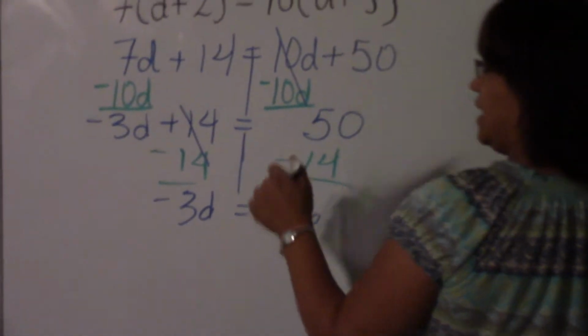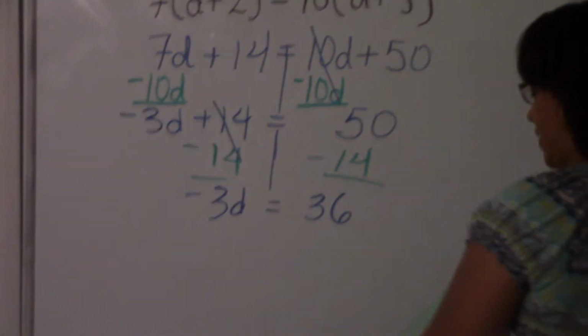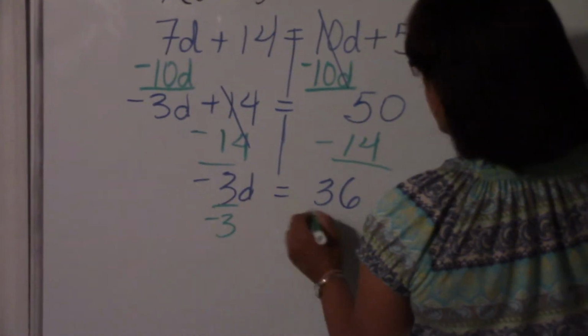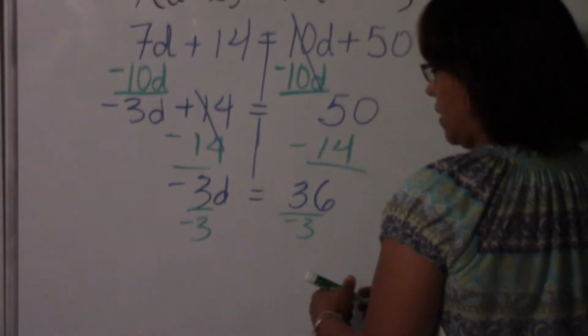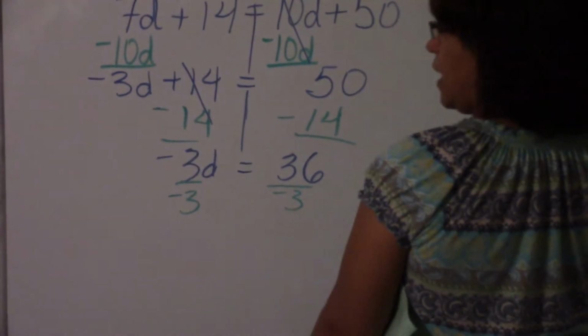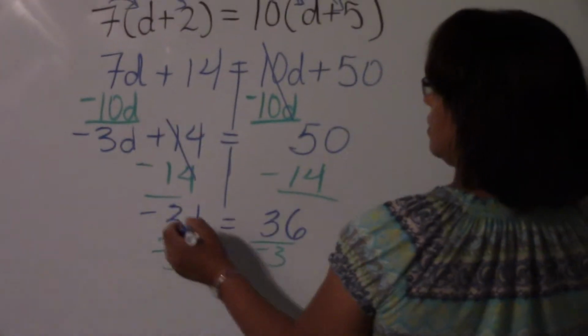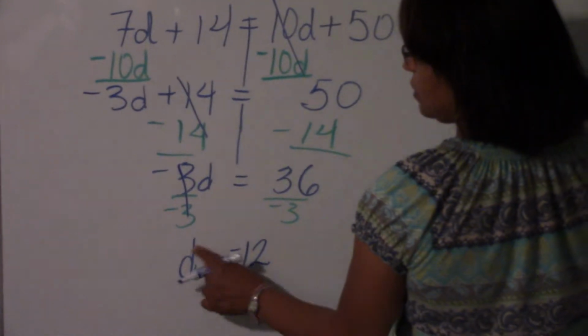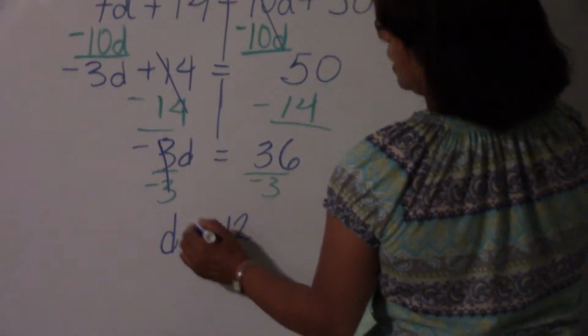So we have negative 3d is equal to 36. So now we divide both sides of the equation by negative 3. And we get d is equal to negative 12. So your final answer here is negative 12.